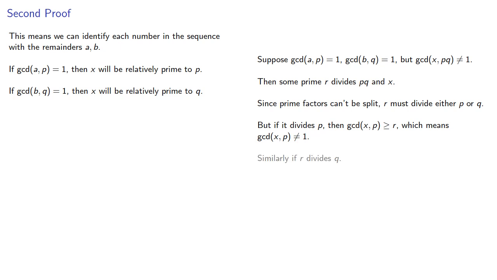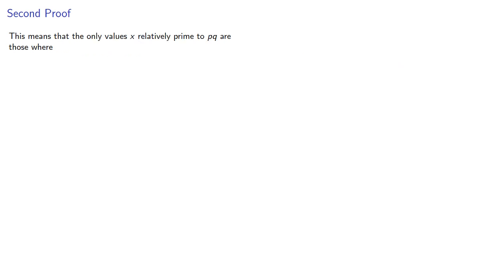Similarly, if r divides q. So if both are true, x will be relatively prime to pq. This means that the only values x relatively prime to pq are those where x is congruent to a mod p and b mod q, and the greatest common divisor of a and p is 1, and the greatest common divisor of b and q is 1.